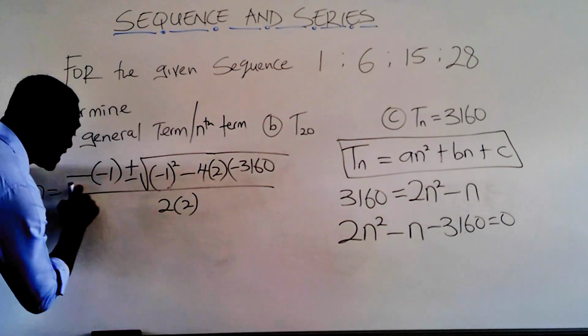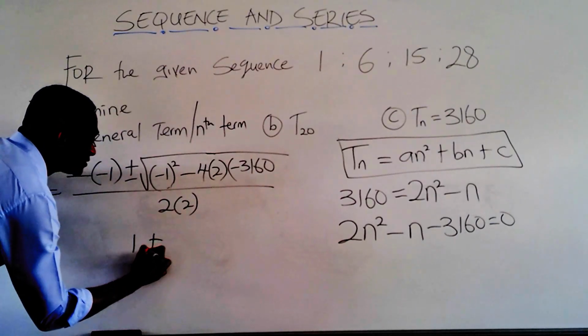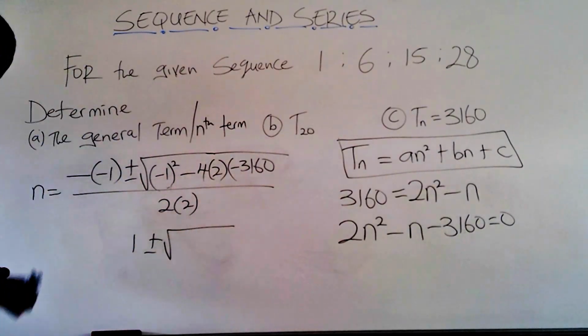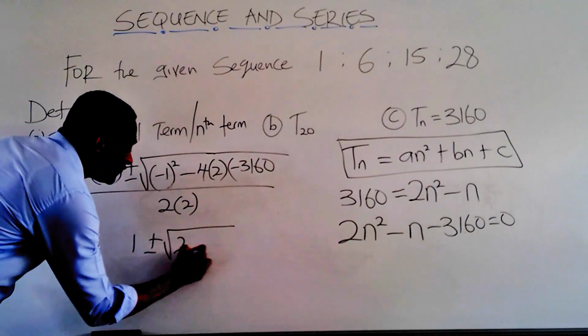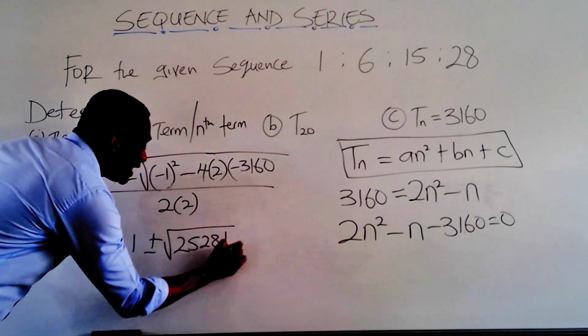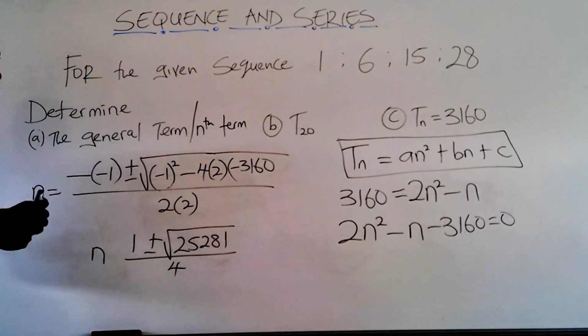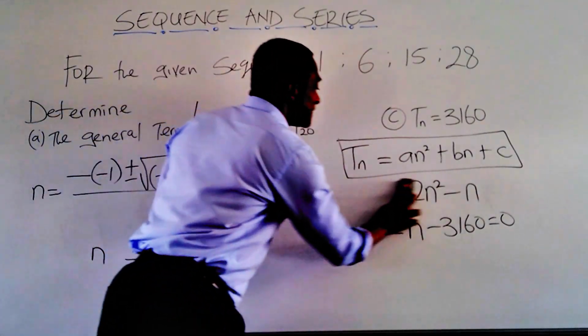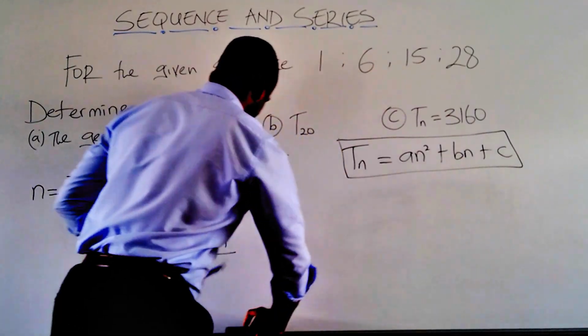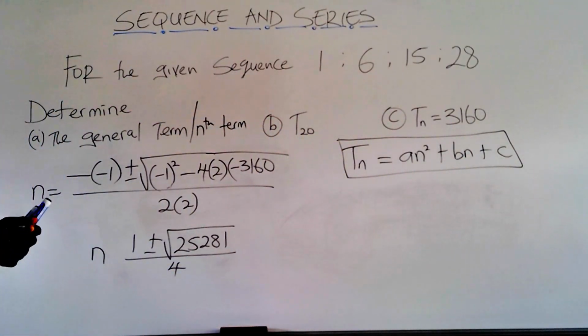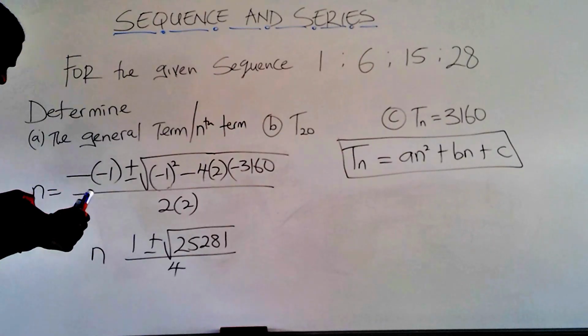We have negative negative 1, that is 1, plus or minus the square root of 25,281, all over 4. These will give us the two values of n. Now let's finish this.